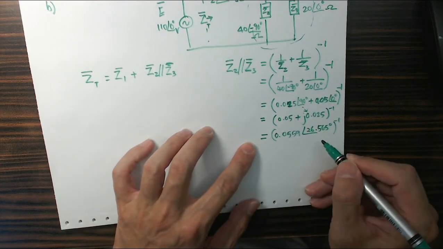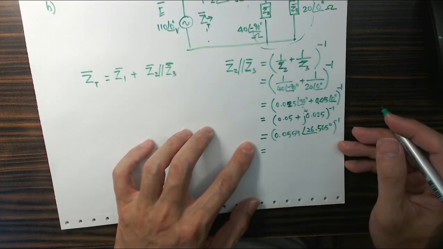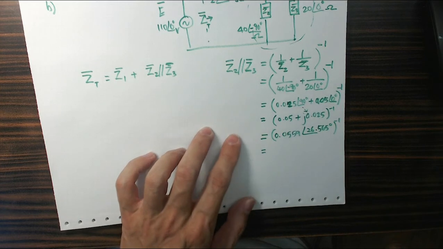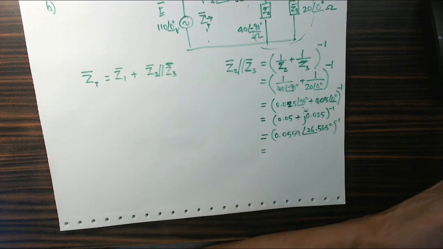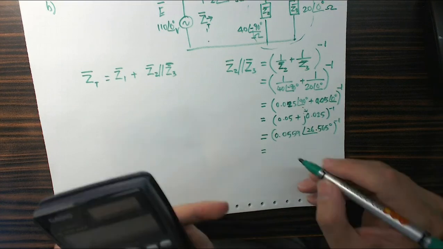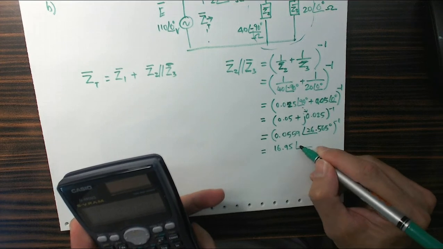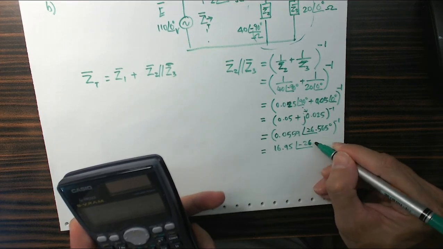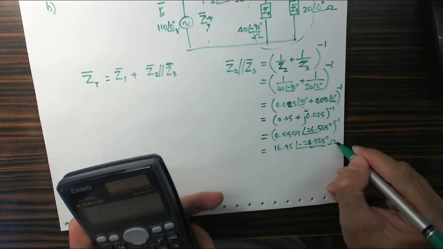Inverse means 1 upon this, so let's do some quick calculation: 1 divided by 0.0559 gives 16.95 at an angle of minus 26.565 degrees ohms.